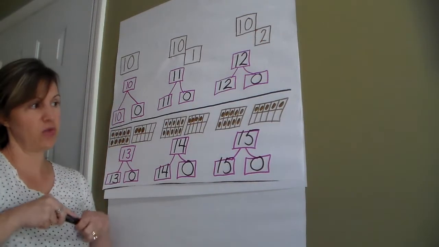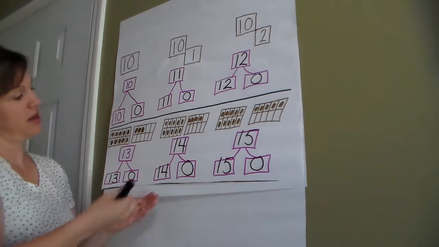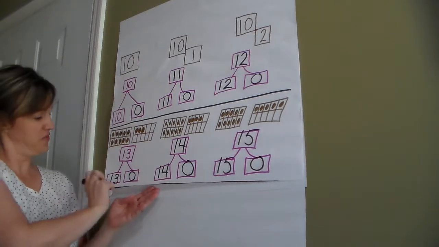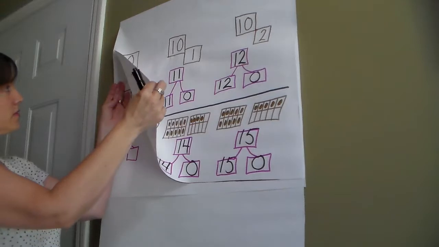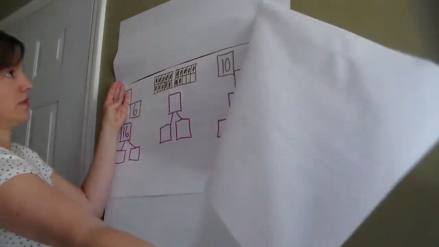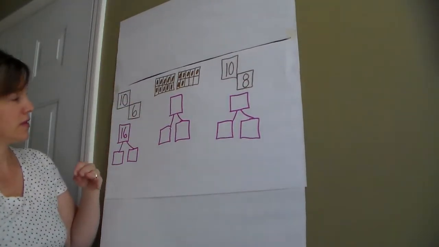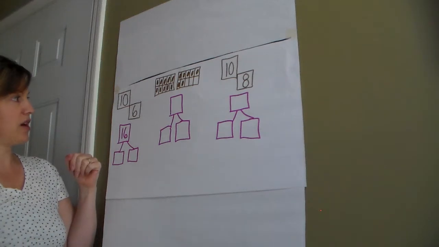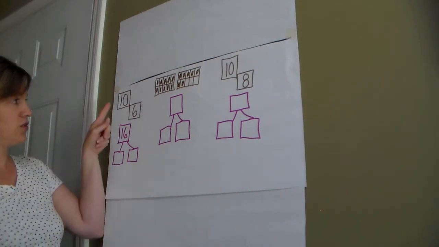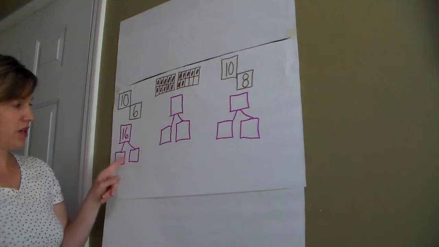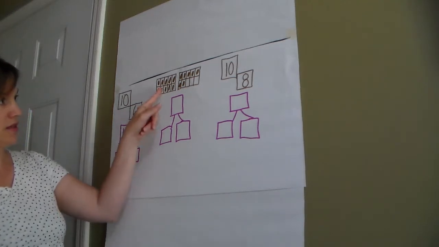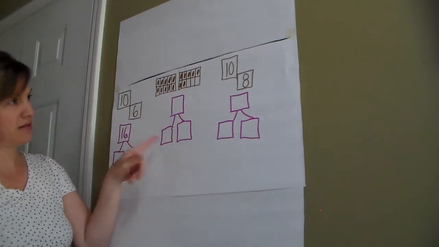So we are dealing with bigger, larger numbers. I'm going to peel this off. And this is your extension. So you do see the cards again and the number bonds, the 10 groups again.